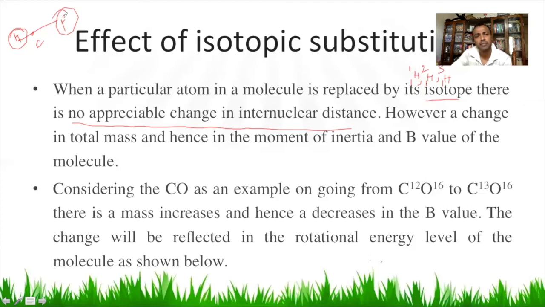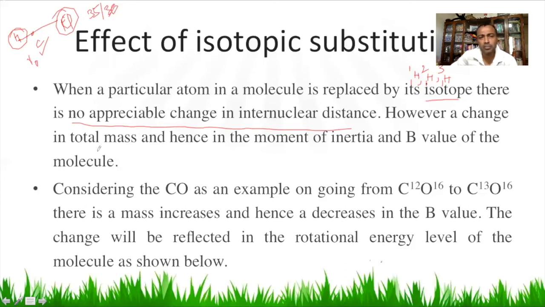Similarly, if I replace fluorine with chlorine, which is either 35 or 36, the r value will definitely change. That's why molecules with isotopic substitution show a change in internuclear distance. Then the value of r₀ will not remain the same as earlier.